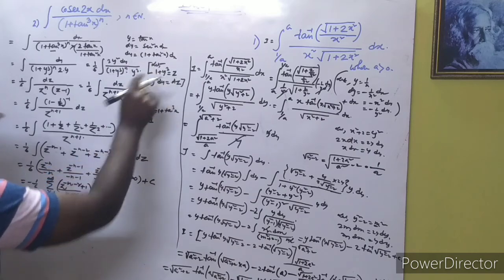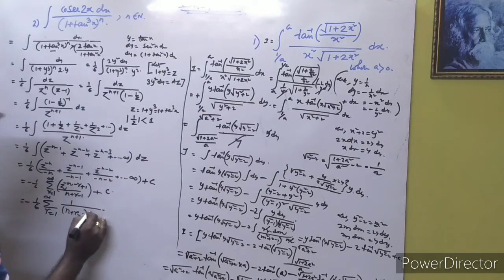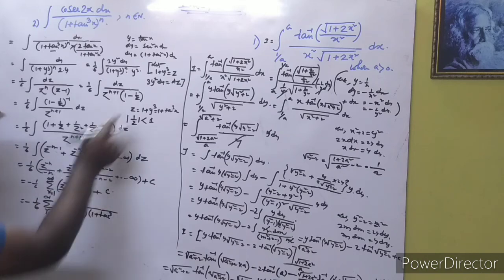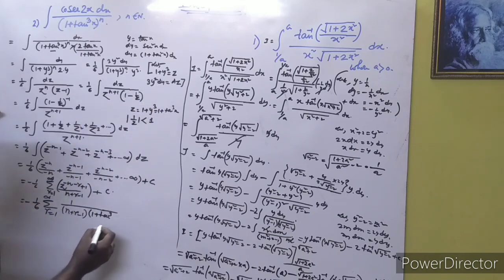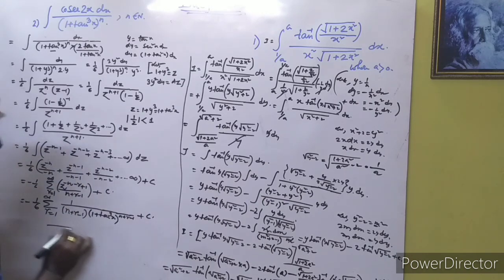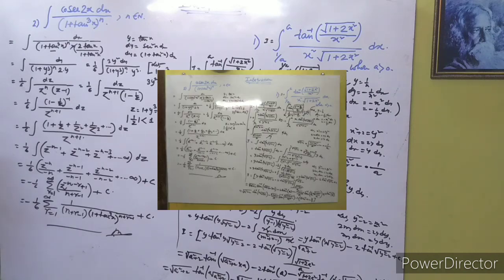Y cube means tan cube x, so that is 1 plus tan cube x, whole to the power n plus r minus 1 plus c. Okay, see, this is the solution. Very interesting question. See the solution carefully. Okay, bye.